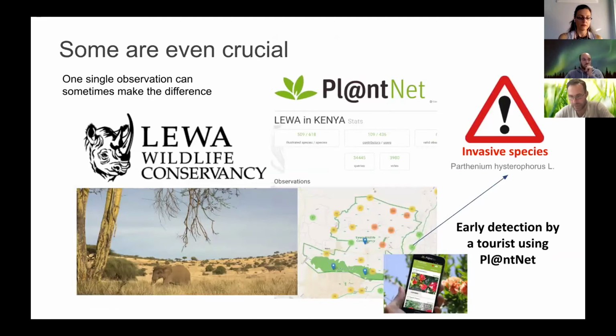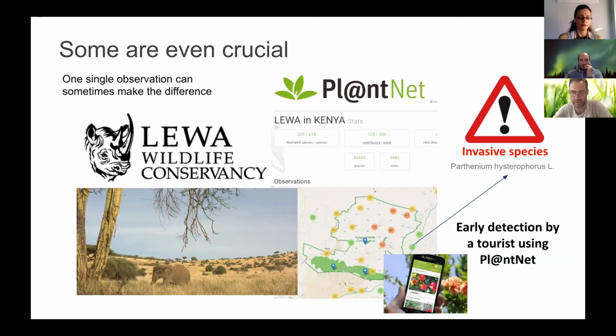We had a story last summer in a reserve we are working with in Kenya, the Lewa Wildlife Conservancy. One tourist took a picture of a species that is known to be highly invasive, just on the border of the reserve.